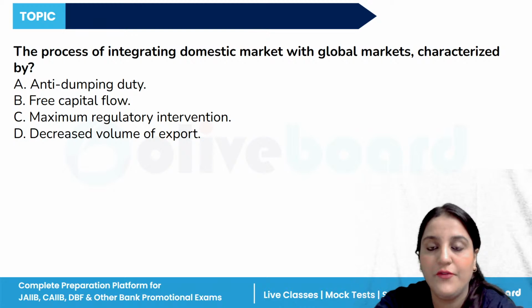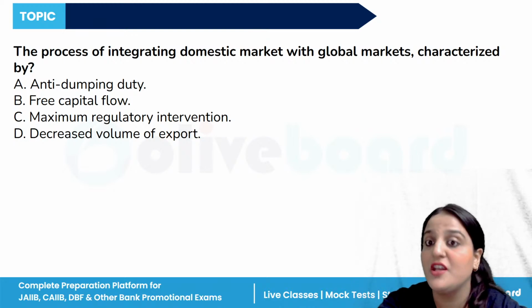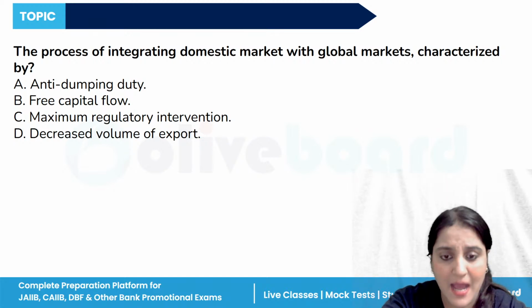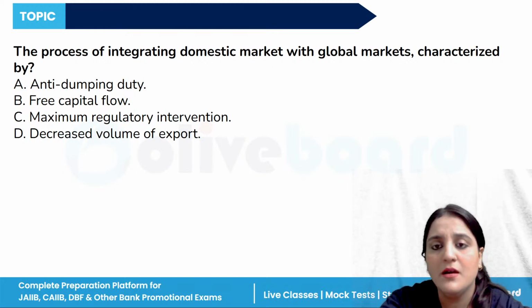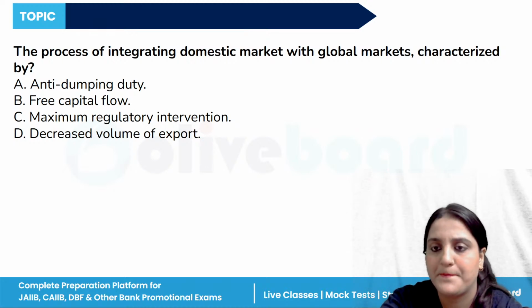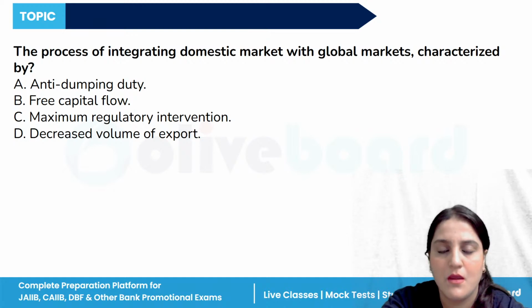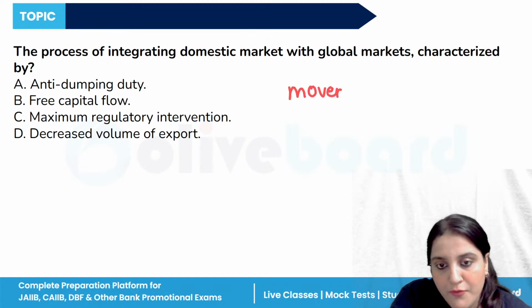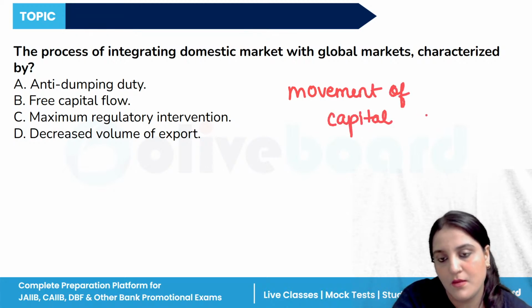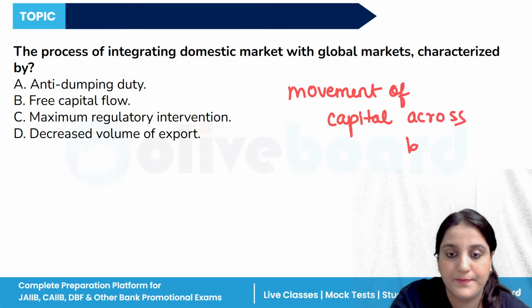The process of integrating the domestic market with the global market is characterized by the anti-dumping duty, free capital flows, maximum regulatory intervention, or decreased value of export. See, the process of integrating the domestic market with the global market is primarily characterized by the movement of capital across borders.